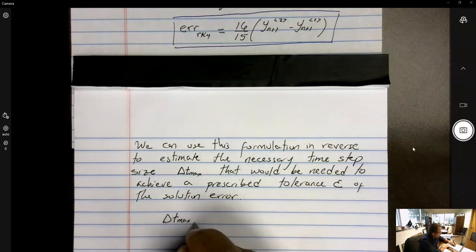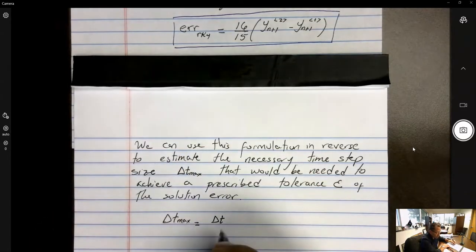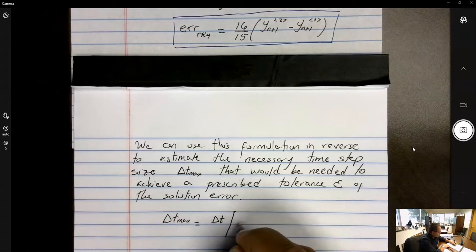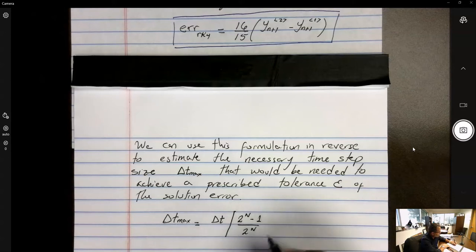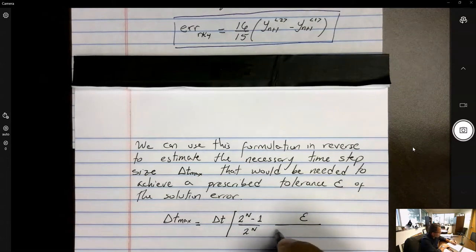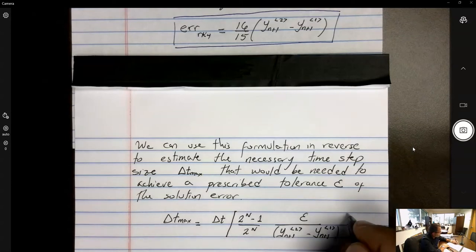So delta t max will be delta t, the delta t that I use in the original estimation, times (2 to the power of n minus 1 divided by 2 to the n), epsilon divided by y_{n+1} second estimate minus y_{n+1} first estimate, to the power of 1 divided by n plus 1.